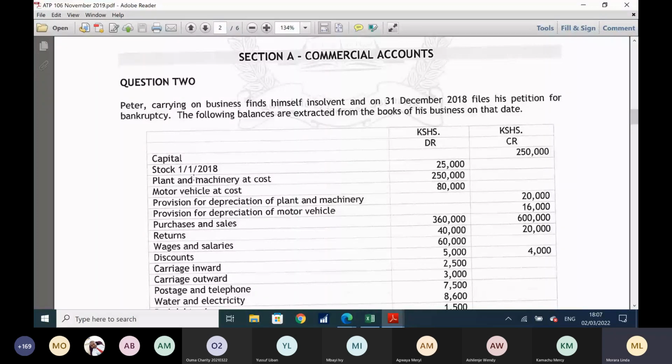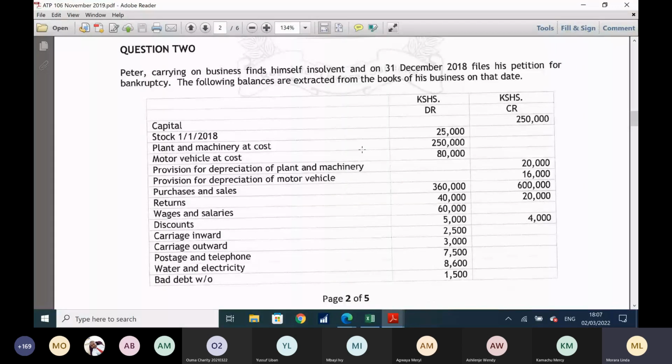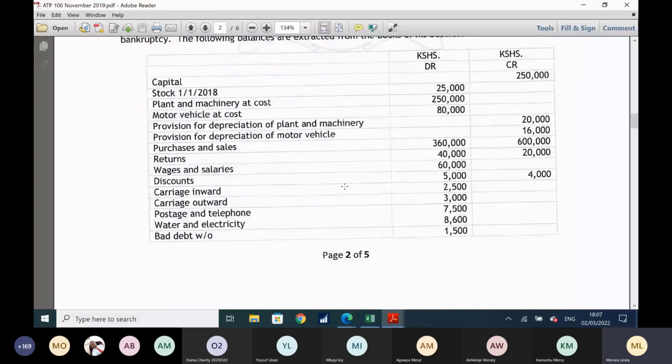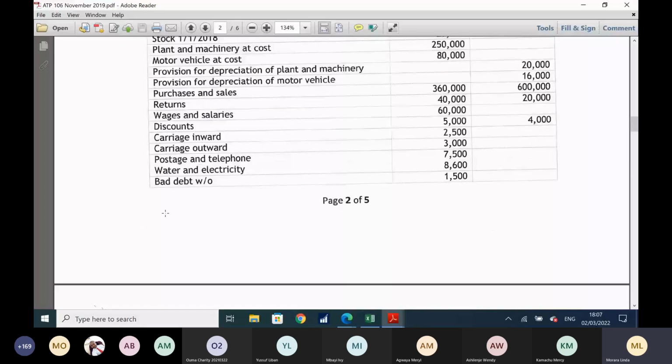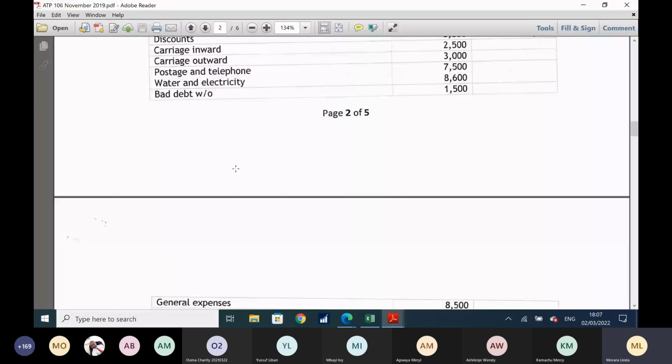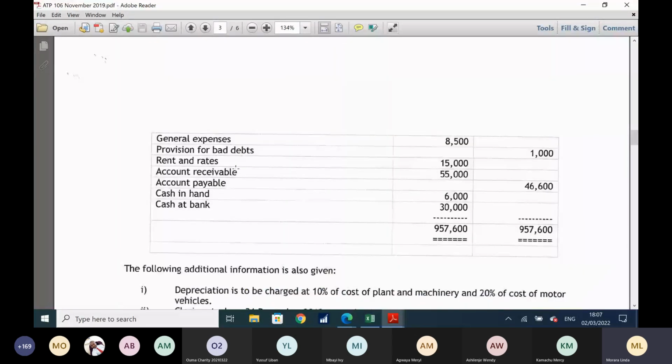You have your plant and machinery at cost, your motor vehicle at cost, and your provision for depreciation for your plant and machinery and for your motor vehicle. Then you have your purchases and sales, and your returns. Because it's on the debit side and on the credit side, one of them is return outwards and the other is return inwards. You have your wages and salaries, discounts, carriage inwards, outwards, postage and telephone, water, bad debts, all that.